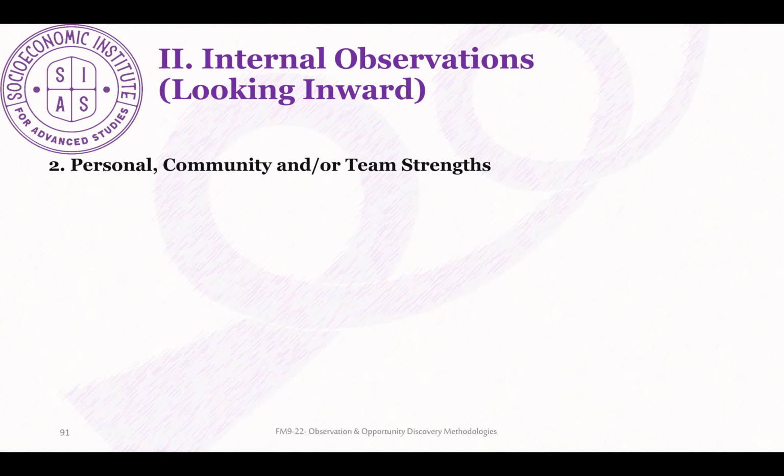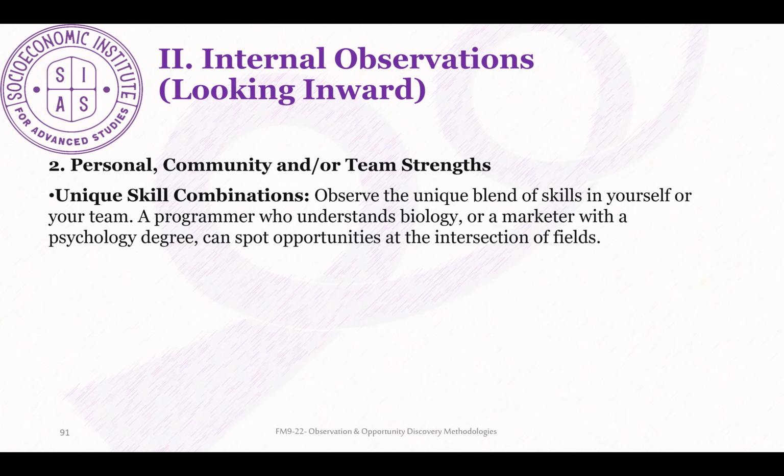The second thing about internal observation can be personal, community-based, or about team strength. For example, some communities have unique skill combinations that help them blend their skills to bring outstanding products or services.